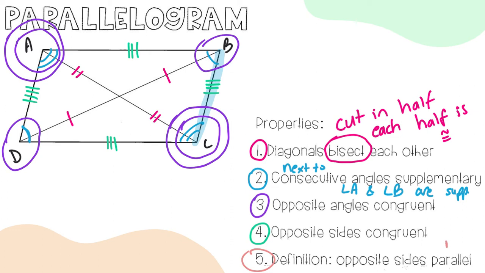When I talk about things being parallel, I'm using the arrows. So this side is parallel to this side, and these two sides are parallel. And so this is my parallelogram.